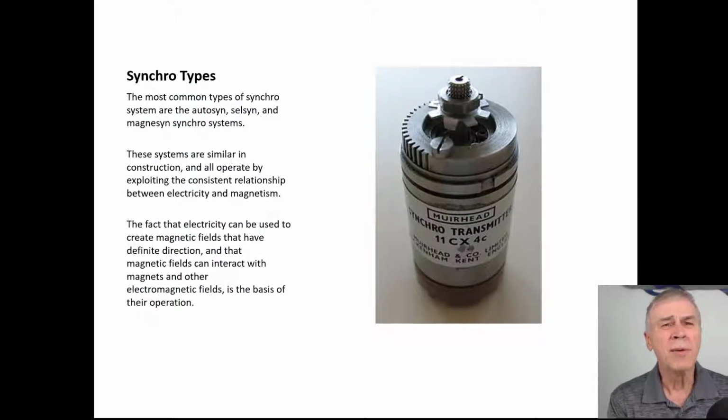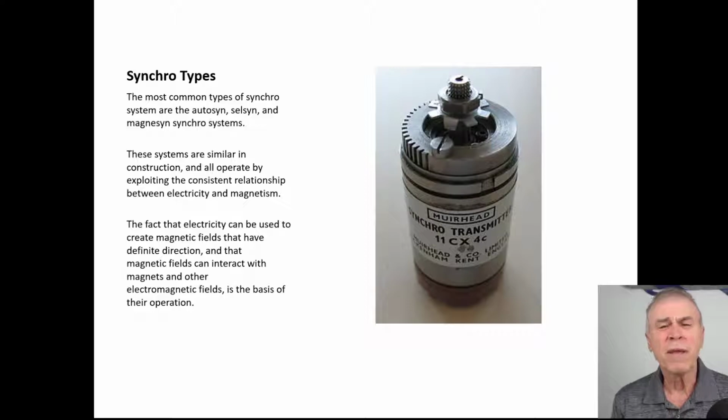The most common types of synchro systems are autosyn, Desynn, and magnesyn. So they all end with syn, S-Y-N, which in effect is short for synchronous, which synchro starts with as well. These systems are similar in construction and all operate by exploiting the consistent relationship between electricity and magnetism.